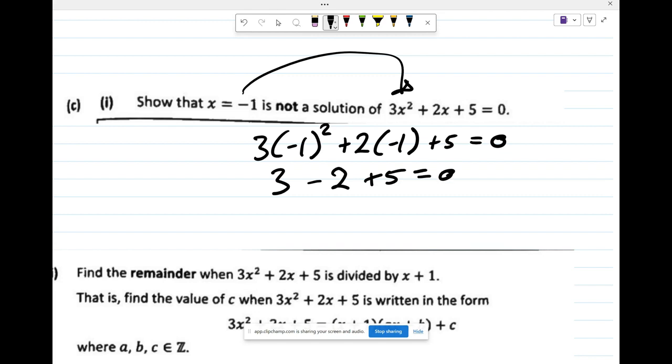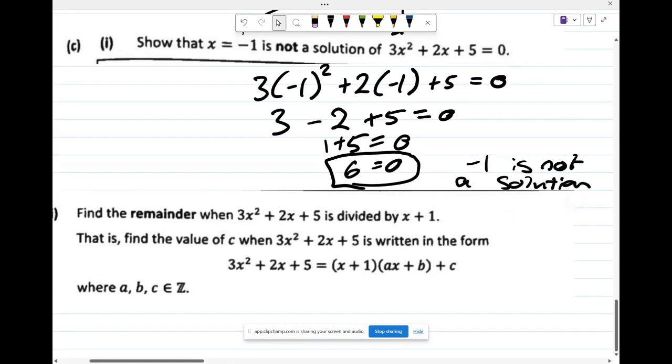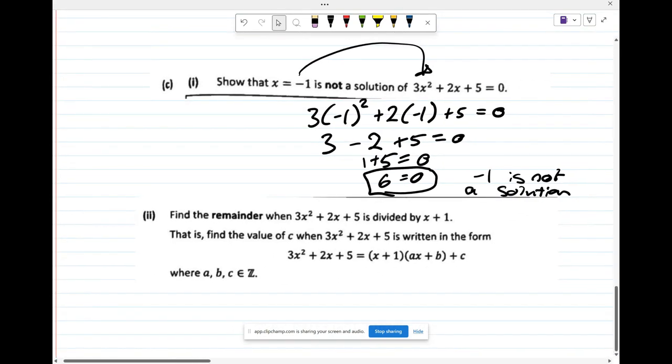That's going to be 3 minus 2 plus 5, so 6 equals 0, which is not true. 6 cannot equal 0. So that means minus 1 is not a solution. That's all you have to write, and that's the whole question done. It's not a solution because we subbed it in and it did not equal 0.